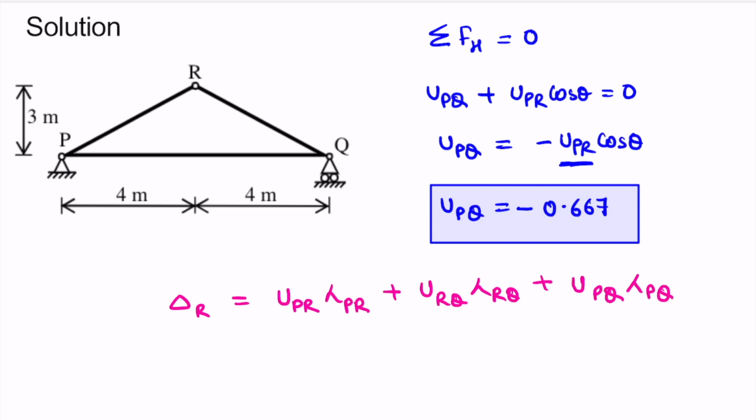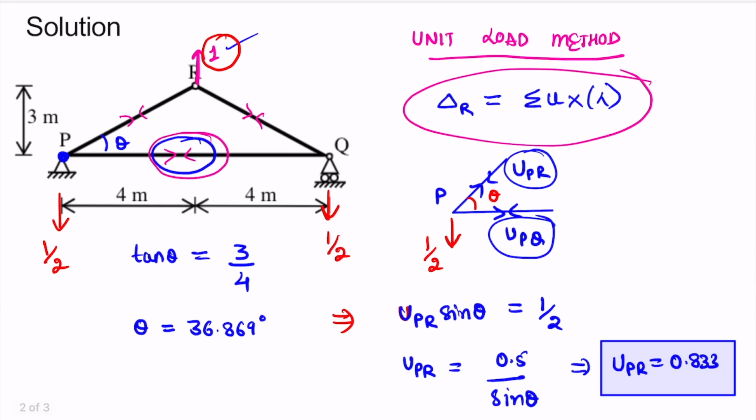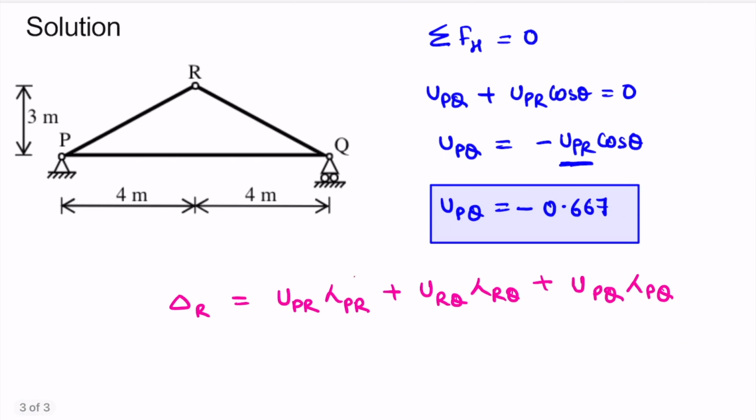But the value of lambda is only given for this PQ, that is only PQ member is short by 3 mm. All the other lambdas are 0. So this term will become 0. This term will also become 0. So finally delta R will be equal to UPQ multiplied by lambda PQ.